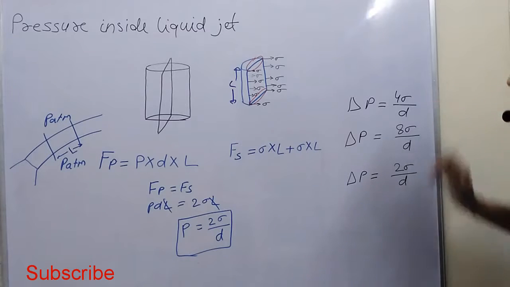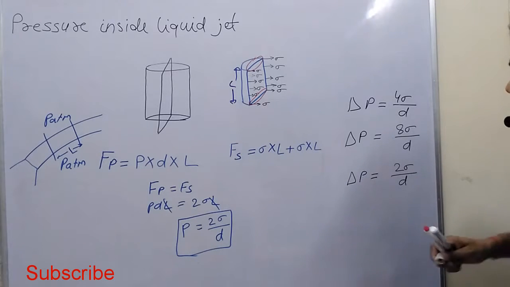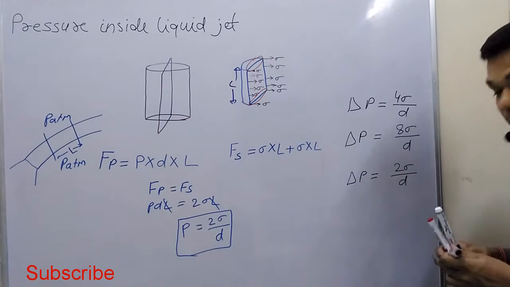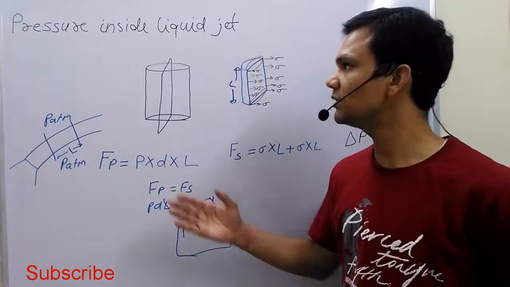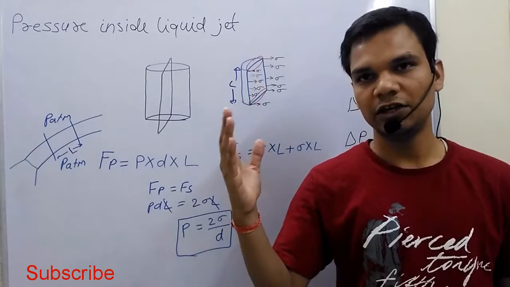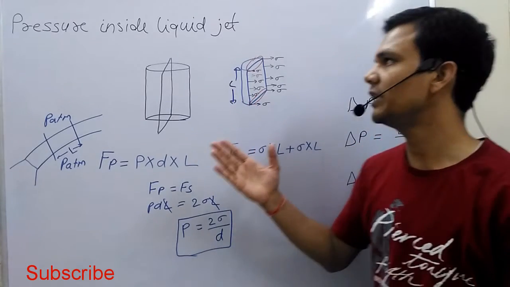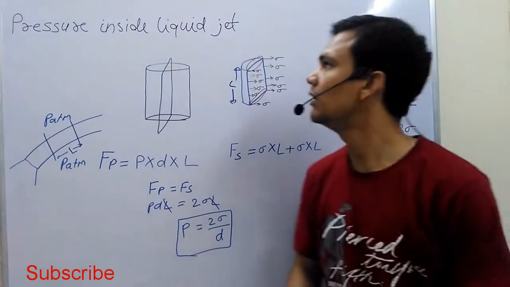Remember these formulas; this pressure is above atmospheric pressure. So this is all about the liquid droplet, soap bubble and liquid jet.